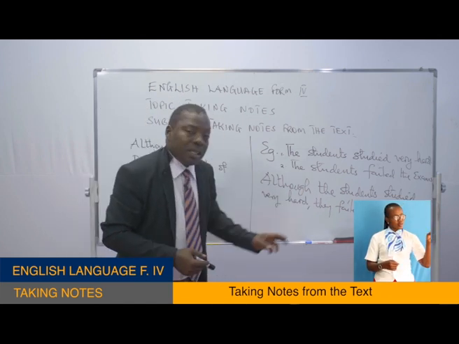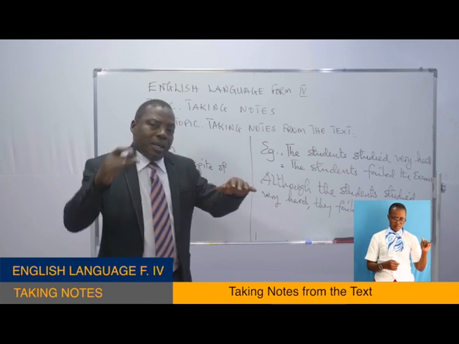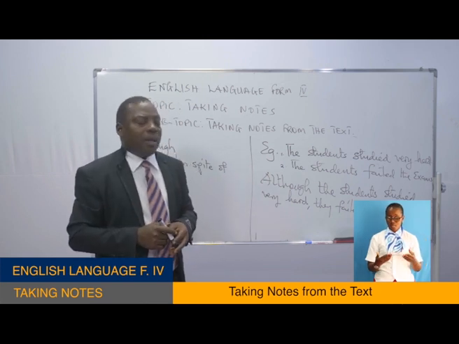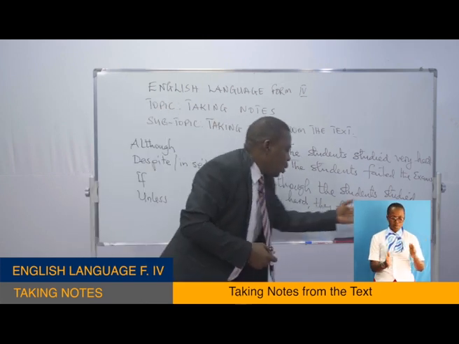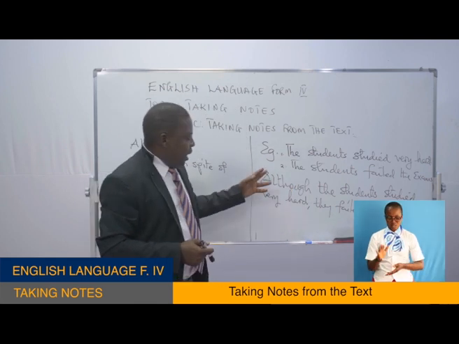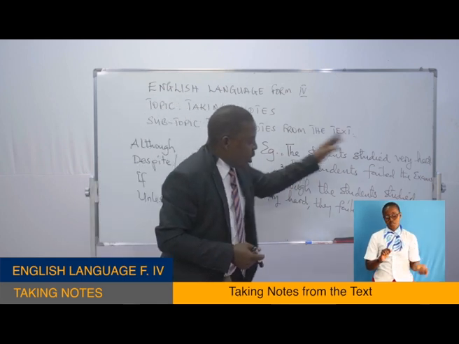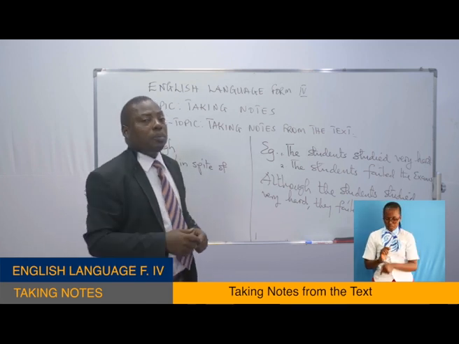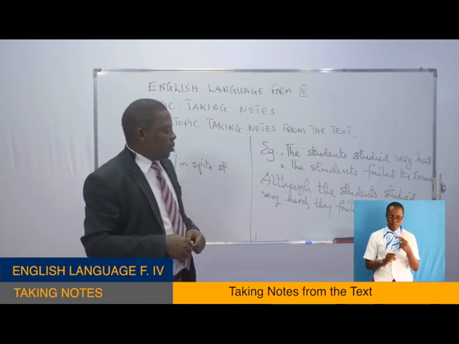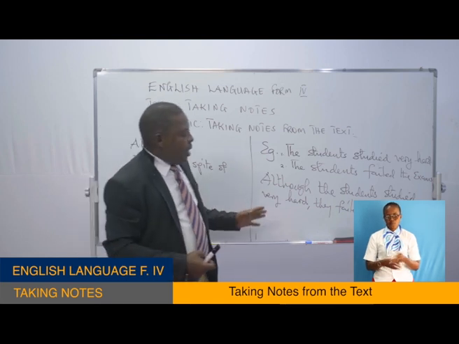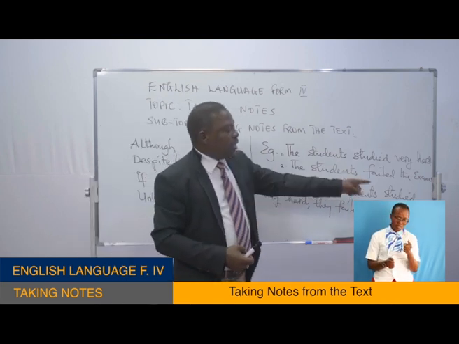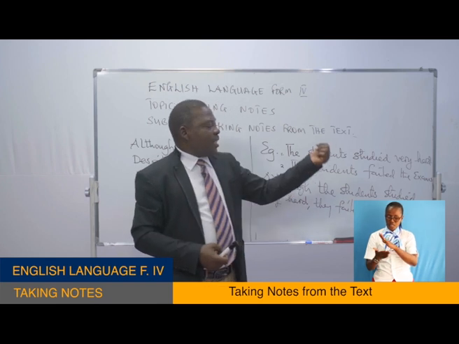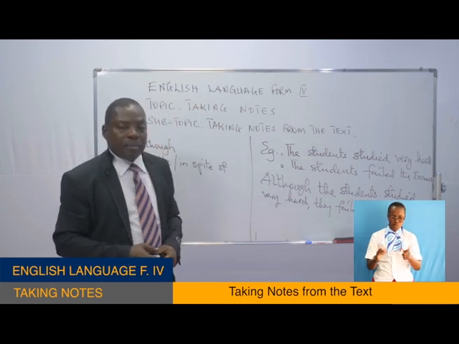These clauses can be rearranged. The second clause could come at the beginning, and the first clause could come second, or follow. I might say that the students failed the exams although they studied very hard.